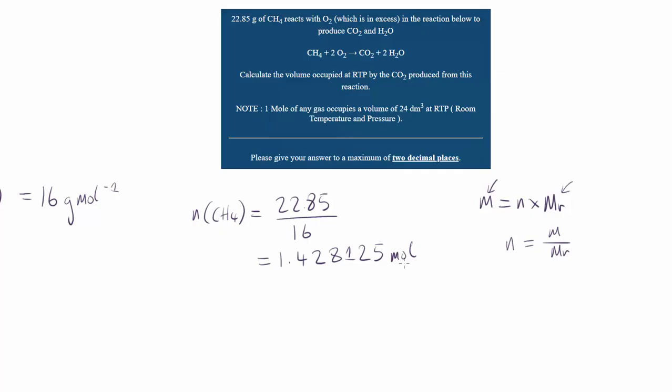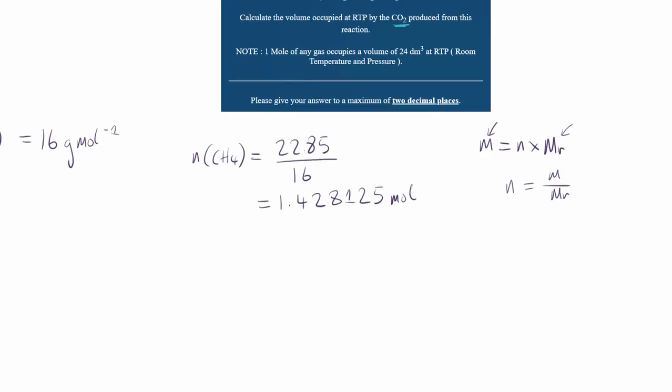Okay, so from this point, how do we now try and work out the number of moles of the carbon dioxide, right? Which is what we need as per the question, right? Well, if we do a molar comparison here, what we're simply going to do is compare the ratio. So the number of moles of CH4, we're going to compare this to the number of moles of CO2.